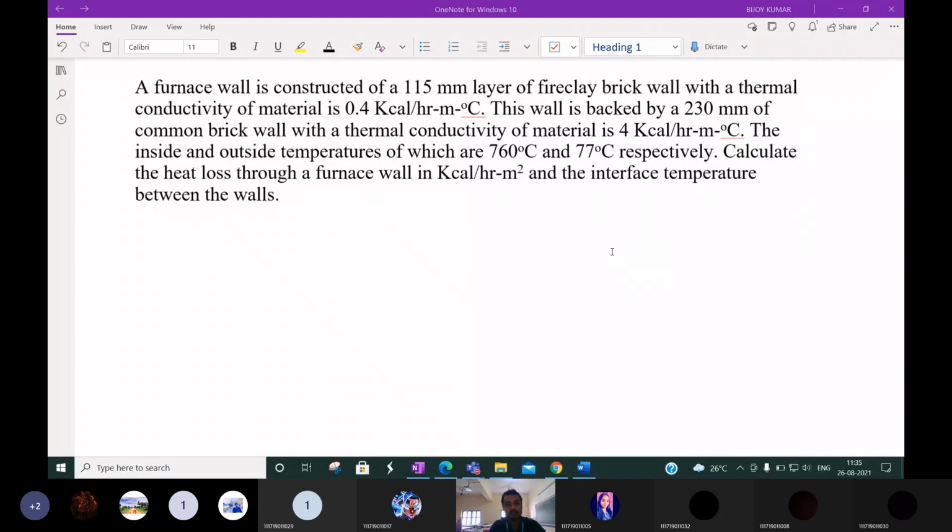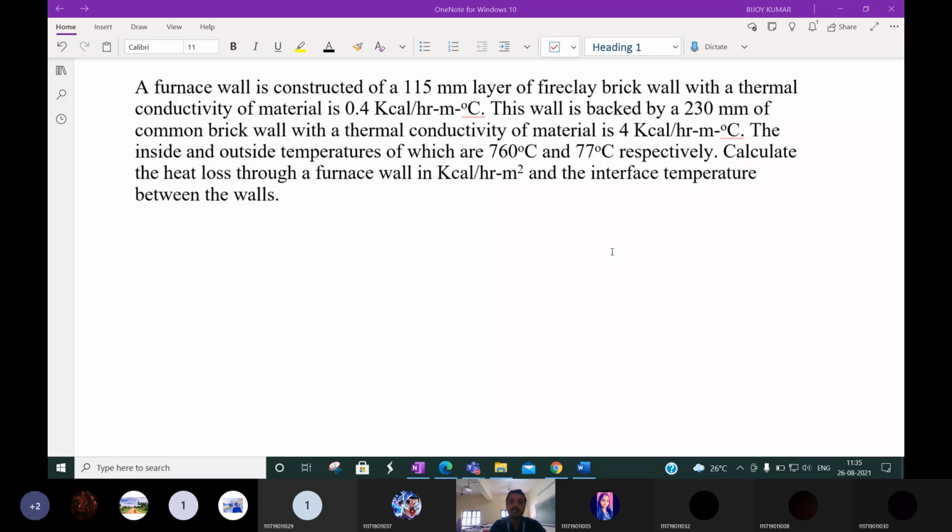The question is: a furnace wall is constructed of a 115 mm layer of fire clay brick wall with a thermal conductivity of 0.4 kilocalorie per hour meter degree Celsius.